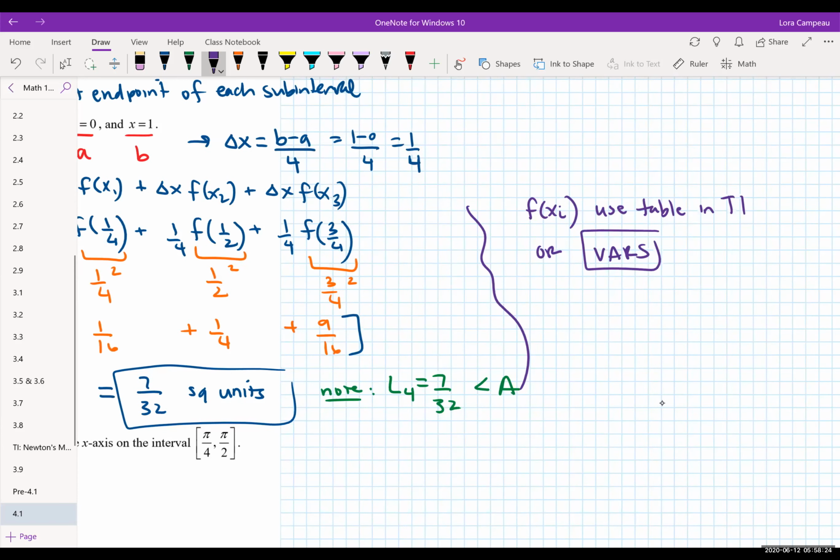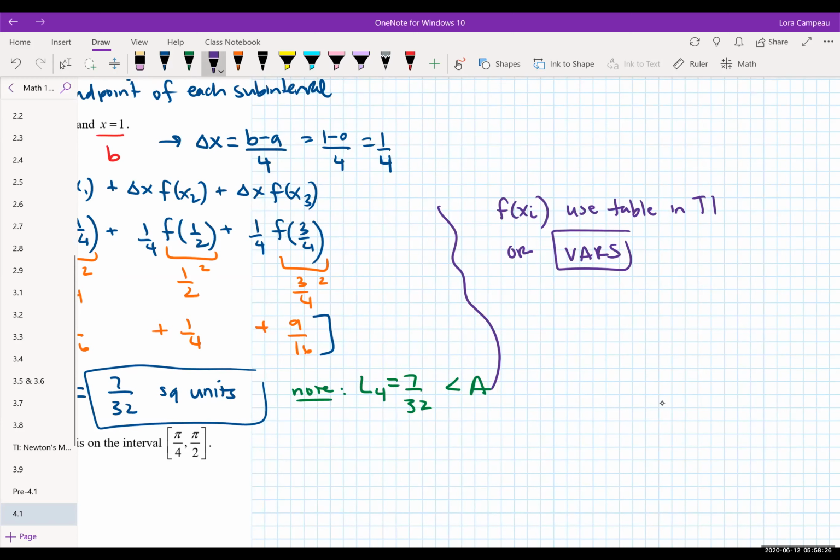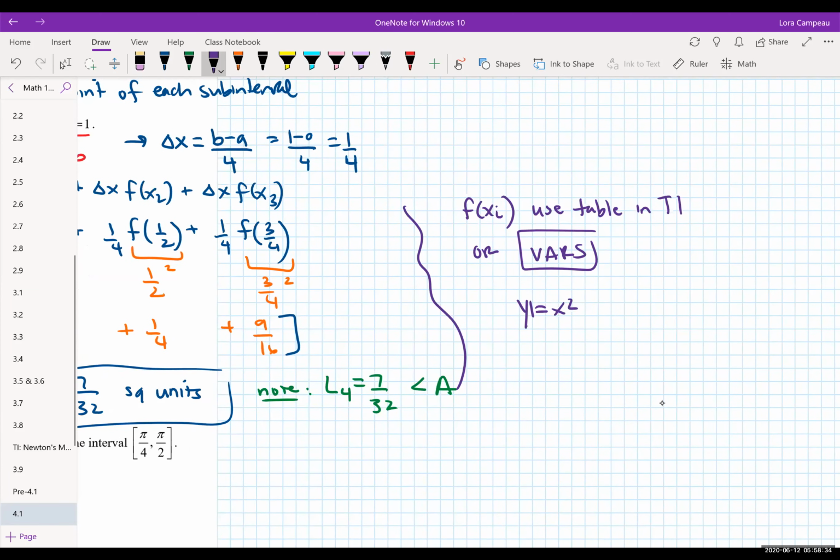So remember we talked about that a couple sections ago, where once you enter y1 equals x squared, then you would choose y variables, then go with entering function, and then we can pick y1 to help us go through this.